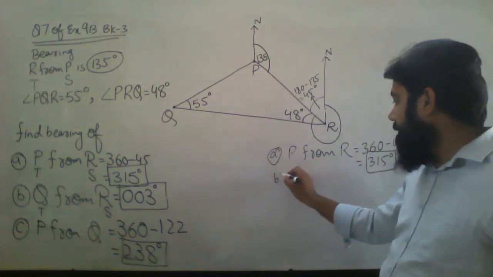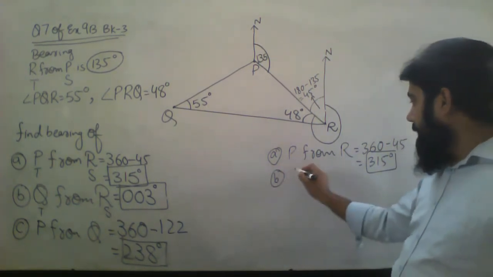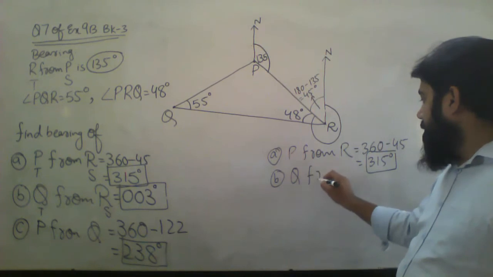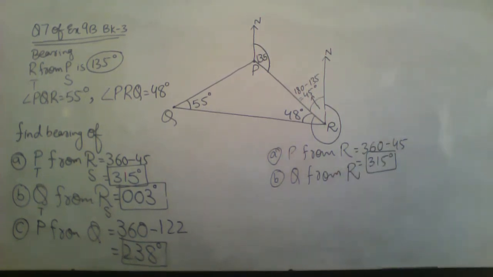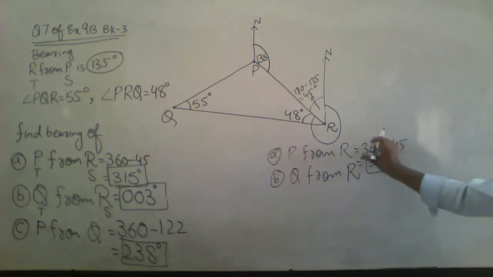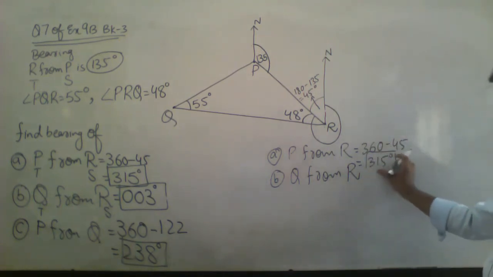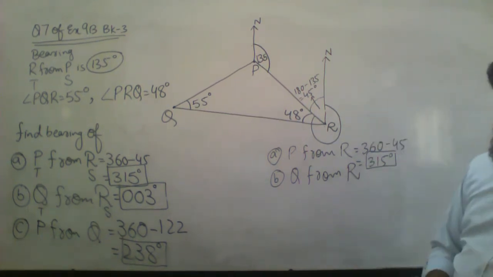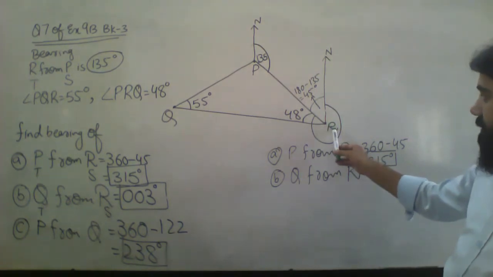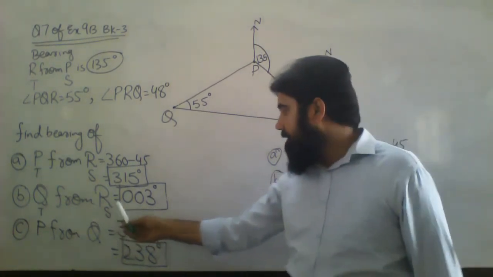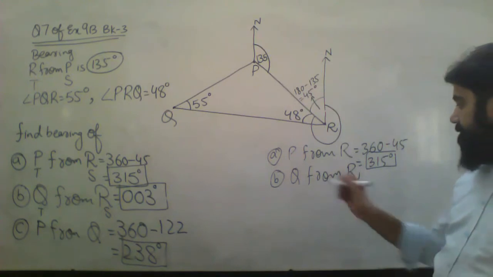Now for part B, bearing of Q from R. I have to find the bearing of Q from R over here. R is the source. See, it's written R is the source.